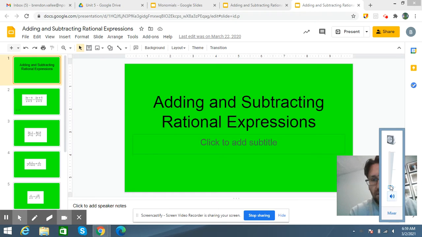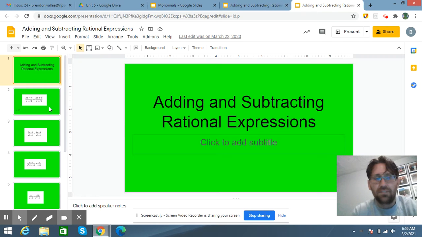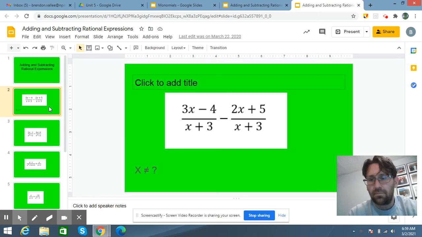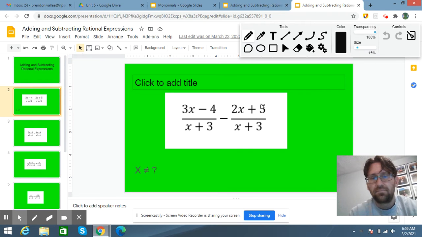Adding and subtracting rational expressions is very similar to just adding fractions, where you need a common denominator. So if I were to add these two together, they have the same denominator. So I can subtract.